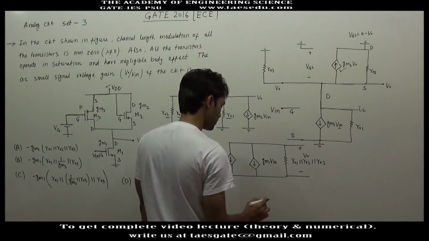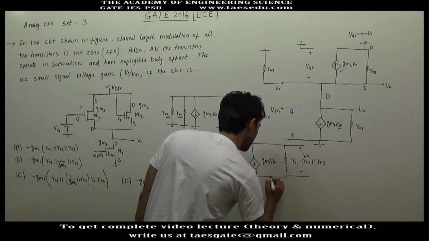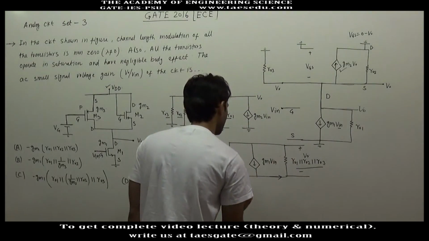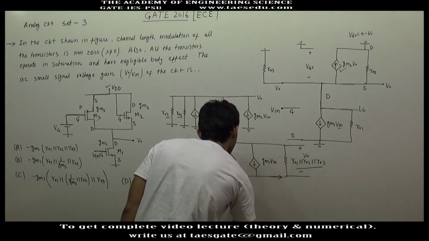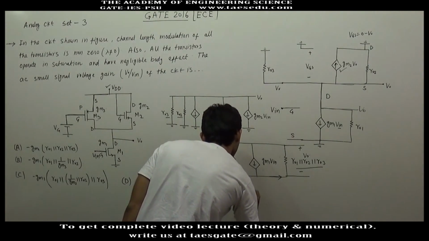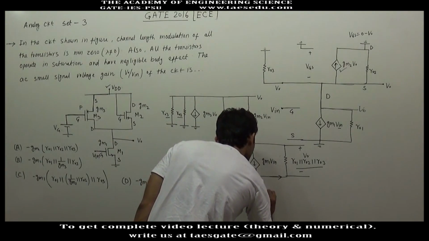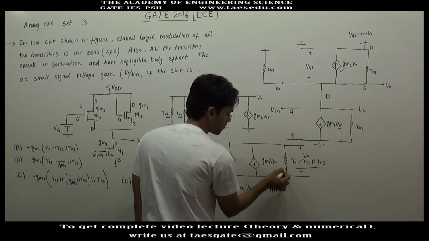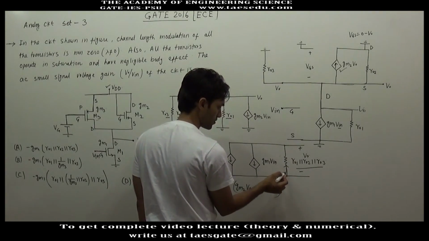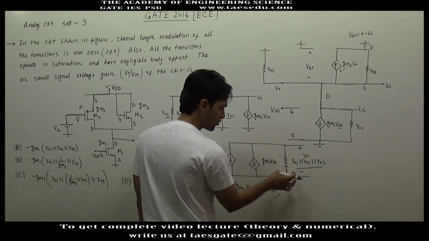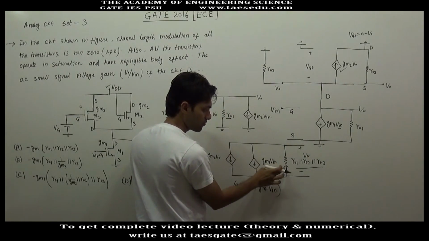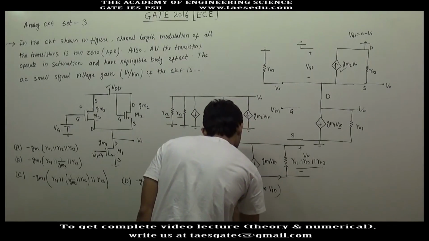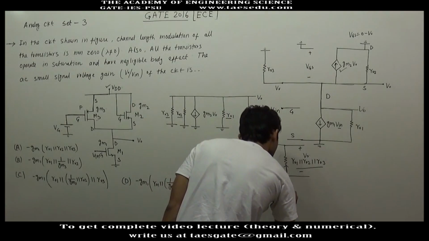So the overall current through this equivalent resistance is GM2 into V0 plus GM1 into input voltage. Since current will flow in upward direction, the output voltage will be negative of this current into the equivalent resistance.